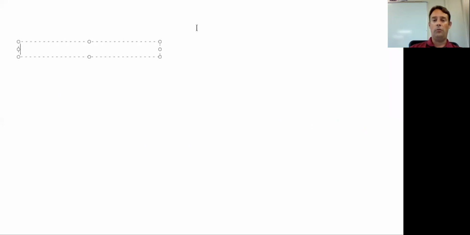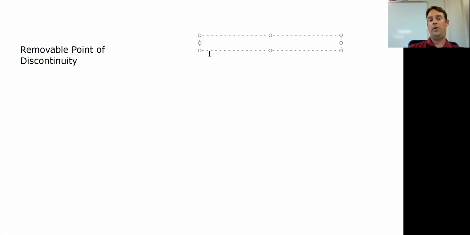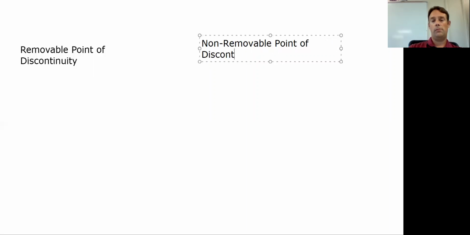We had removable points of discontinuity, and the reason we call it a removable point of discontinuity is because we could set up a piecewise function to essentially fill in the hole. And we have a non-removable.